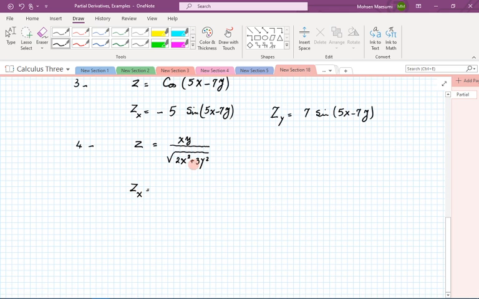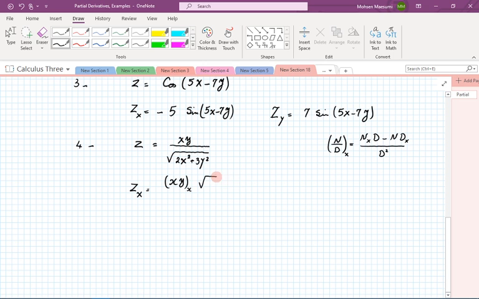Rules of derivatives same as before. That is, if you have a numerator or denominator and you want to differentiate with respect to, well, now it's with respect to x, it's exactly the same as the rule of quotient you had before. Derivative of numerator times denominator minus numerator times derivative of denominator over denominator squared. So I write what I want to differentiate, xy, with respect to x.